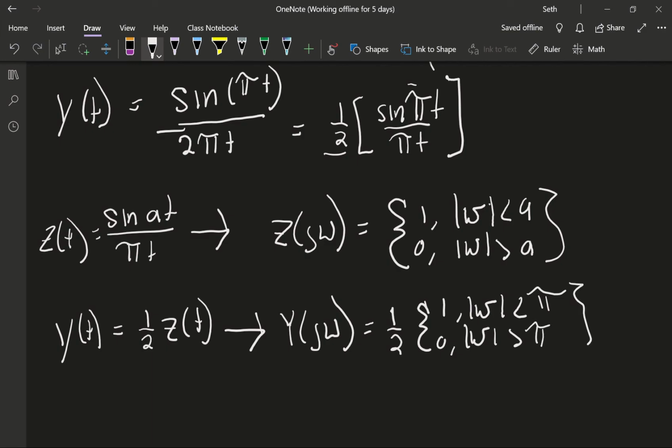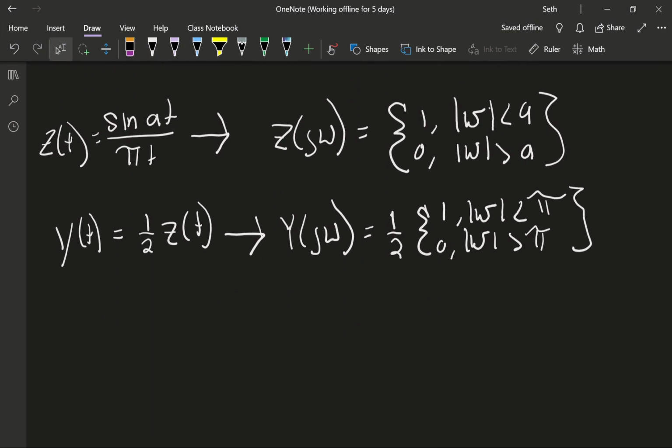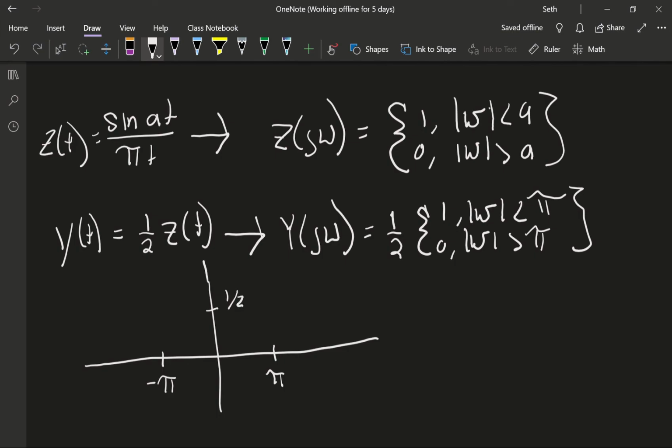So now we can sketch it. It's a rectangular pulse of width 2 pi. It's got an amplitude of 1/2.